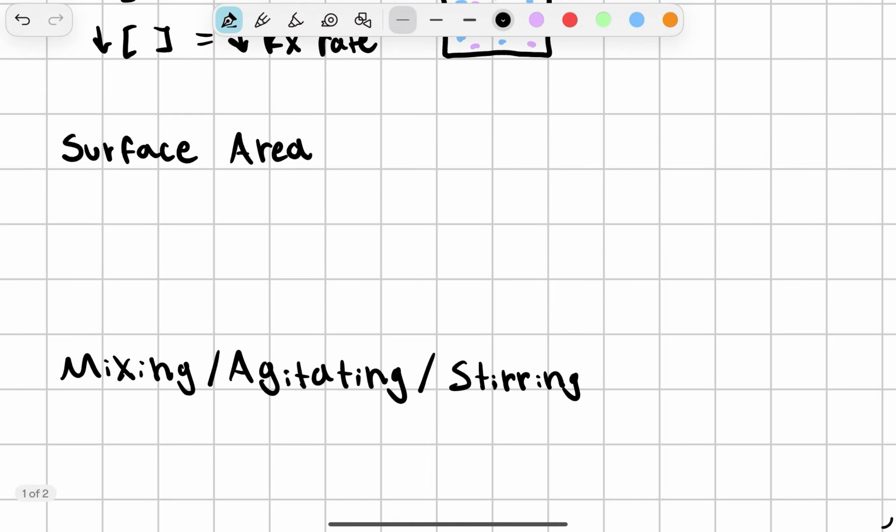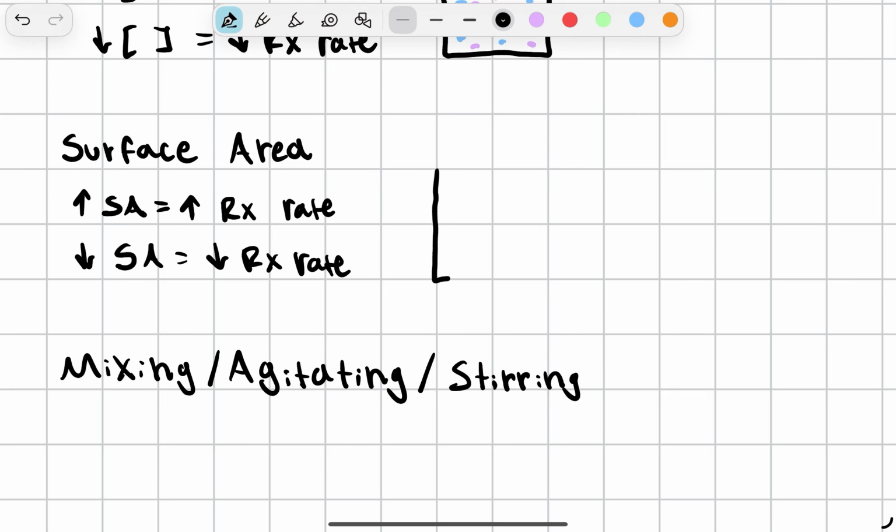Surface area. An increase in surface area means we will have an increase in reaction rate. The reaction will happen faster. And if we have a decrease in surface area, there will be a decrease in reaction rate.